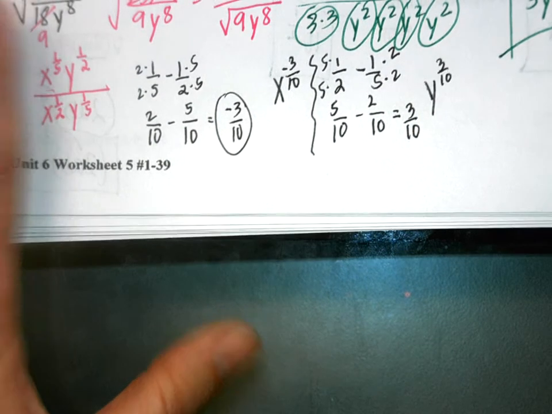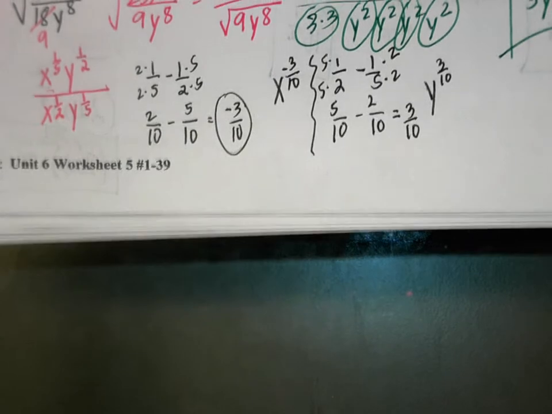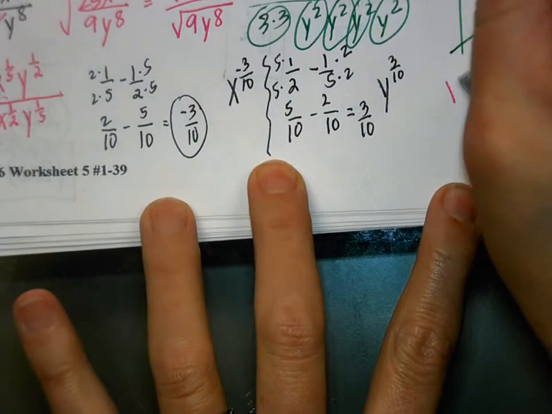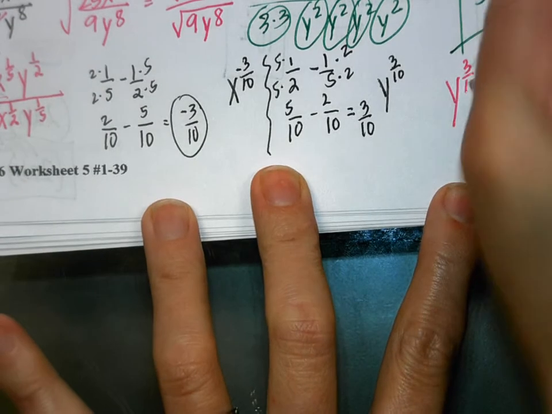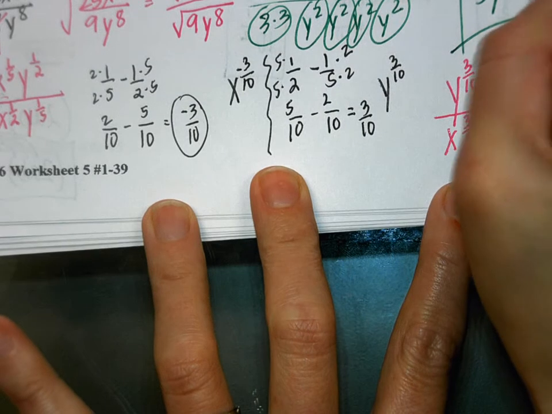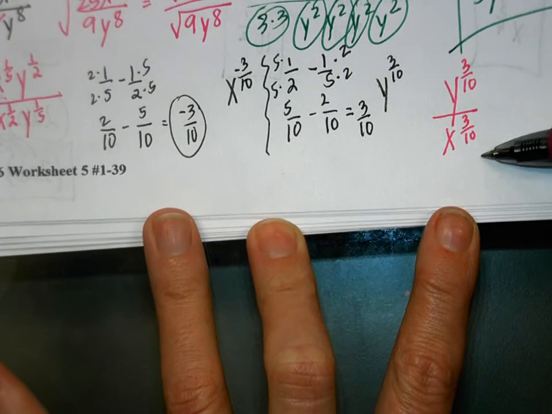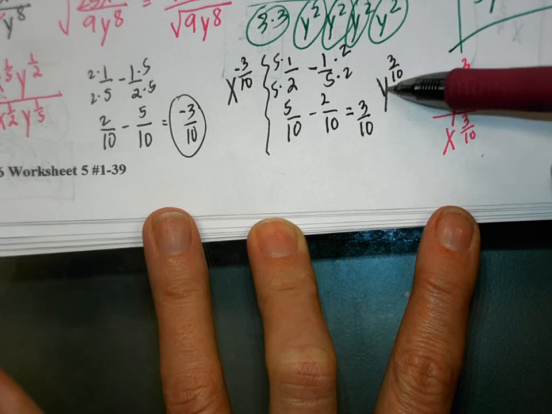So if you are writing this together now, does anybody know how you would end up writing it? Y to the 3/10 on the top and x to the negative, or x to the 3/10 on the bottom. Yep. Because the x was negative, that would go to the denominator to make it positive, and the y being positive stays on the top.